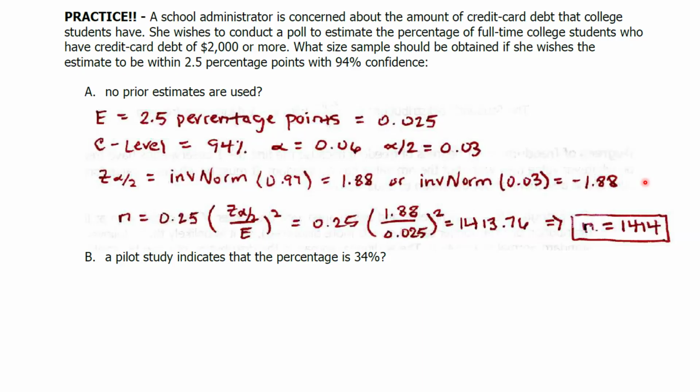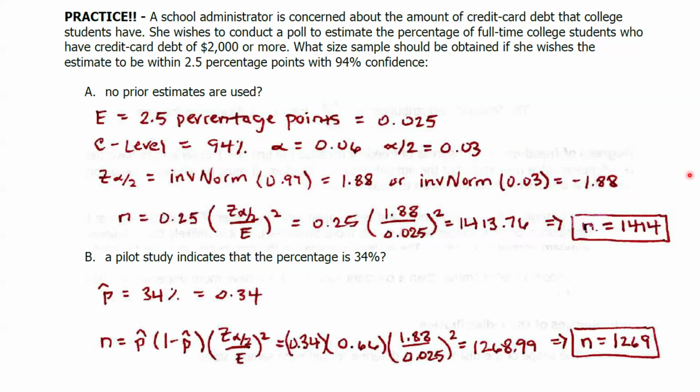Depending on how you use your area under the curve, you can use 0.03 or 0.97 to get your z-score. You will then enter either one of those values into your formula, giving you 1,413.76, rounded up 1,414.